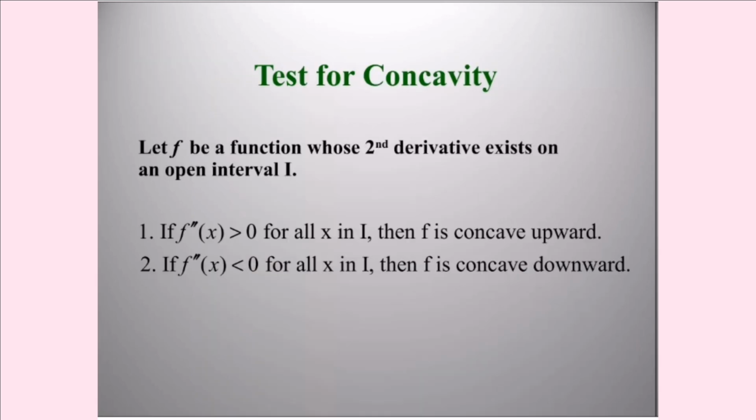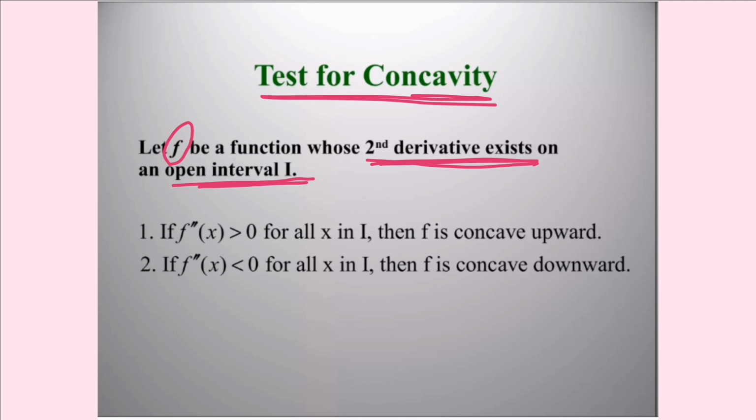Now, test for concavity. Let f be a function whose second derivative exists on an open interval I. If the second derivative is greater than 0 for all x in I, where I is an open interval, then f will be concave up or concave upward.